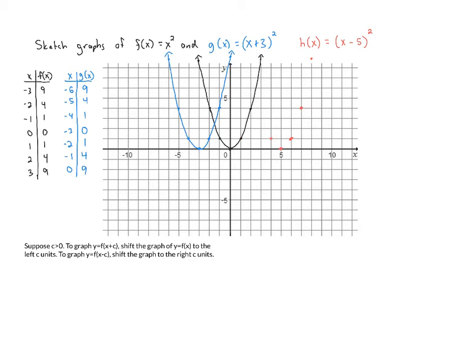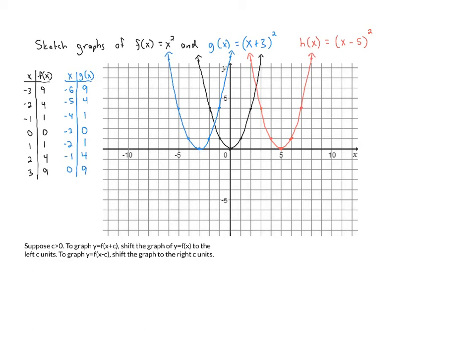And that gives us a point on the new graph. So this one here, 1, 2, 3, 4, 5 units. It goes right there. And then up here, 1, 2, 3, 4, 5 units. That goes up here. And then our graph of h of x is going to look like this.